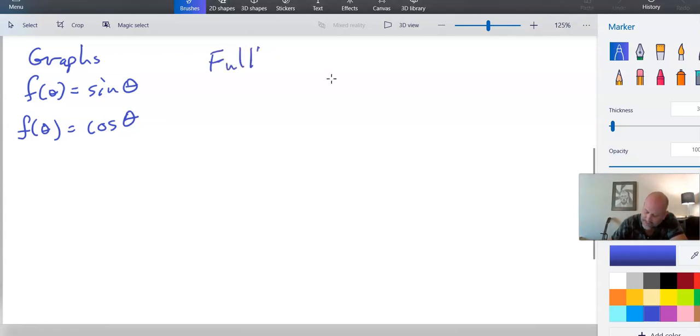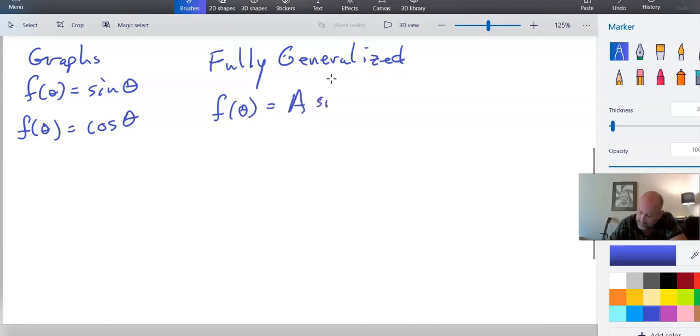A fully generalized sine or cosine function looks like this: A sine bx plus c, not plus c, plus d.